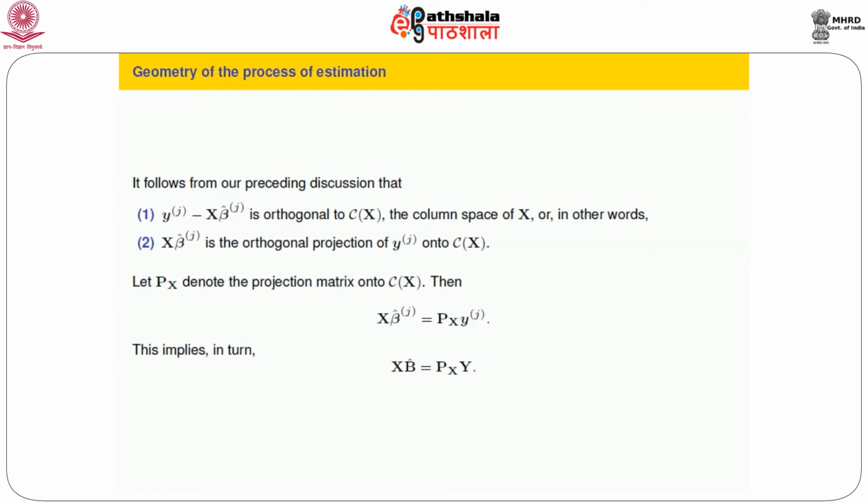X beta hat 1, X beta hat 2, and so on, so I get P_X Y. So it is essentially the same formula that we have done for the univariate linear model. We are repeatedly applying the same strategy to the individual columns of capital Y, and that gives me the individual estimates of the columns of B.